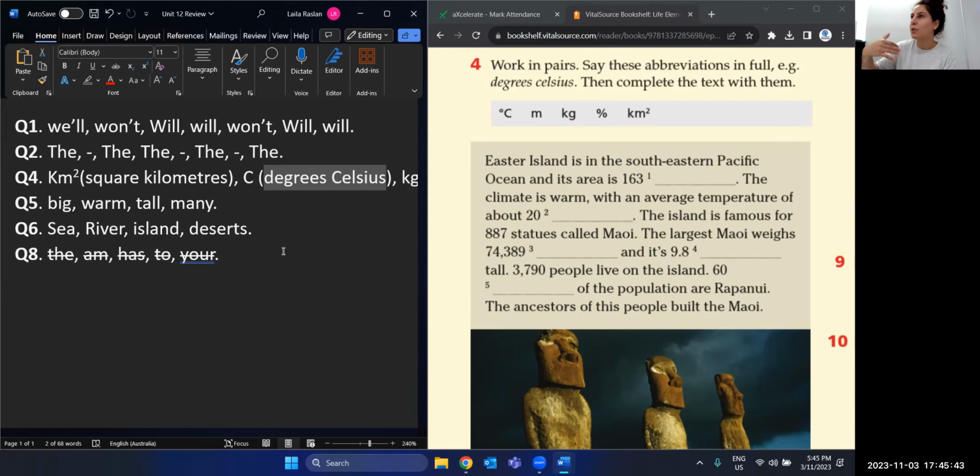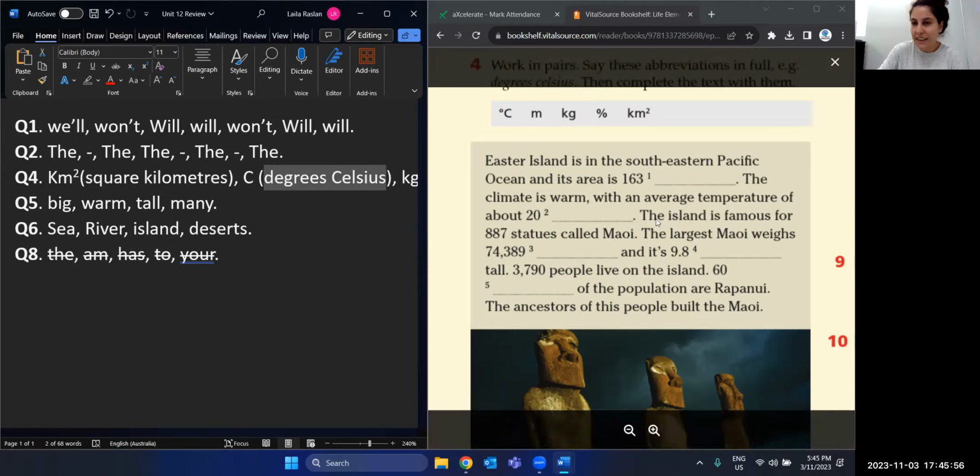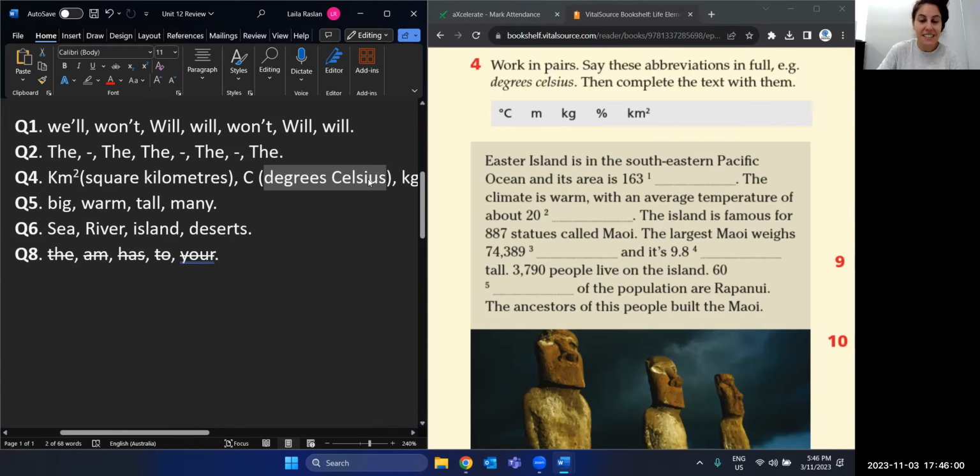If someone asks, you know that you're talking about the temperature, you could say, oh, today is 18. That's fine. You can stop at the number because someone asked you, what is the temperature? But in this situation, they want to write it. So the temperature is about 20 degrees Celsius. So we say it, it's 20 degrees Celsius.